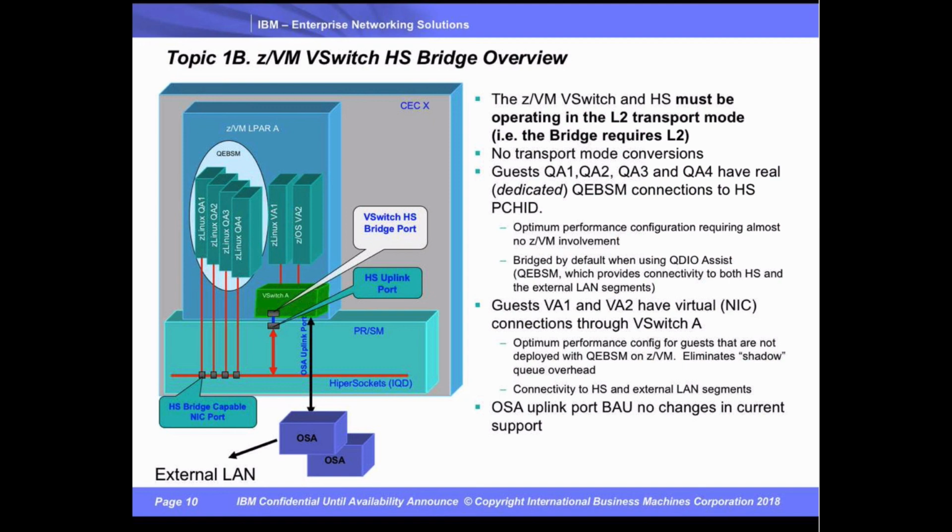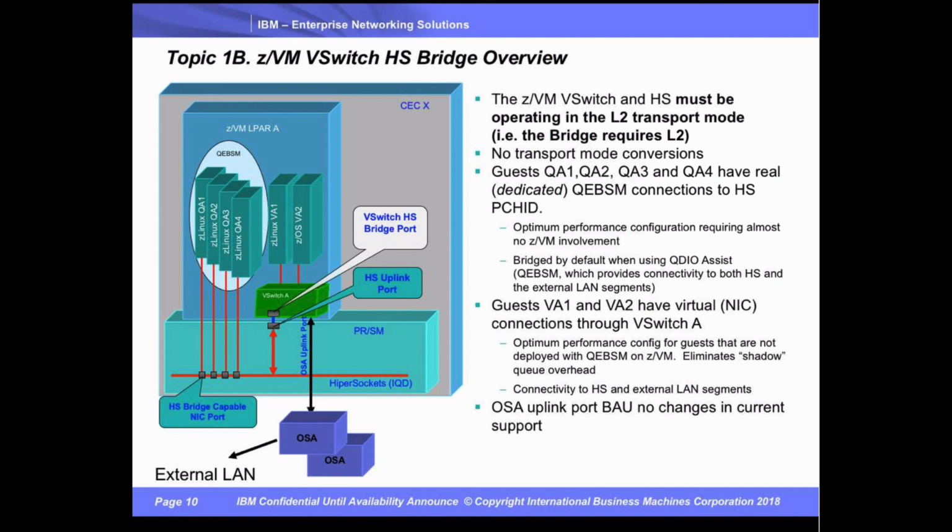You'll see the virtual guests in this round elliptic bubble basically showing that they're using something called QDIO-SYS, also referred to as QEBSM. Those guests are attached directly to HiperSockets, and they are bridged through the virtual switch to the external LAN.